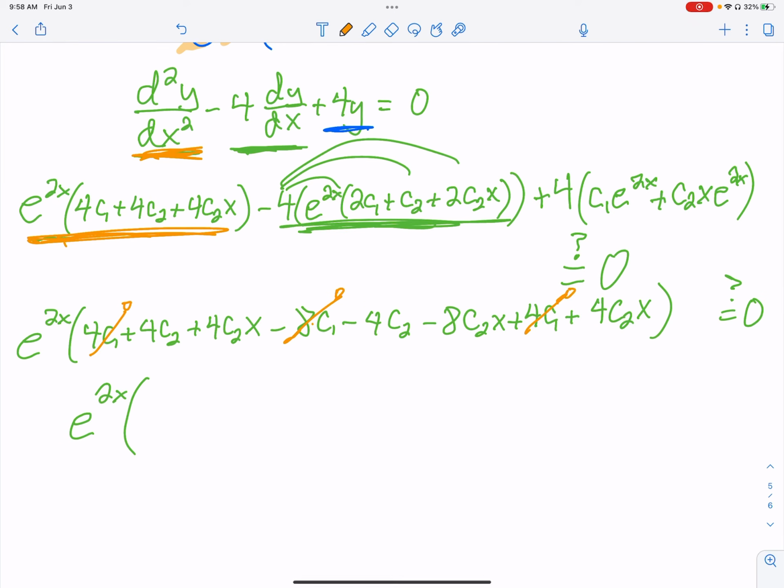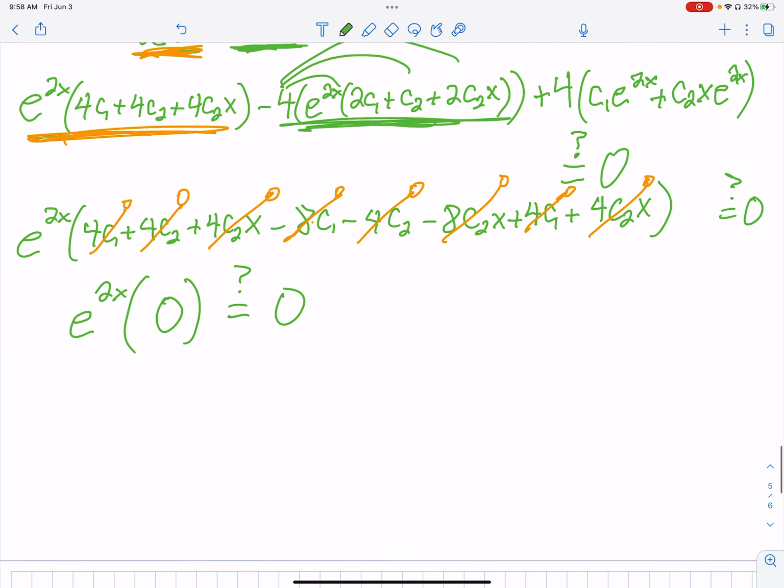They're gone. And then I got c2. So I got 4c2 minus 4c2. Those are gone. I got 4c2x and 4c2x. Oh, those are positive 8. And then this minus 8c2x is a 0, meaning we have a 0 inside.